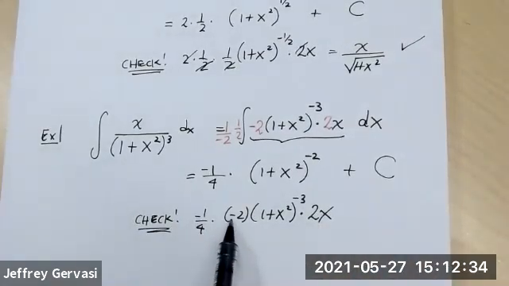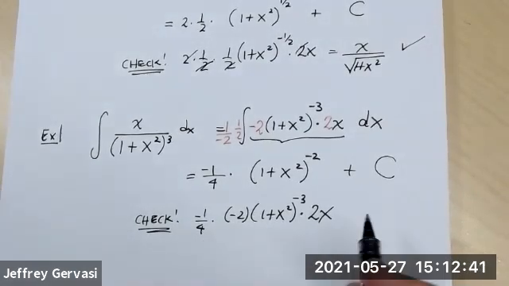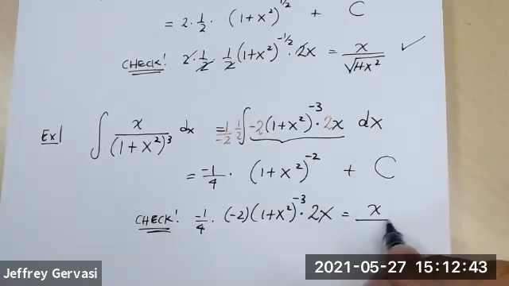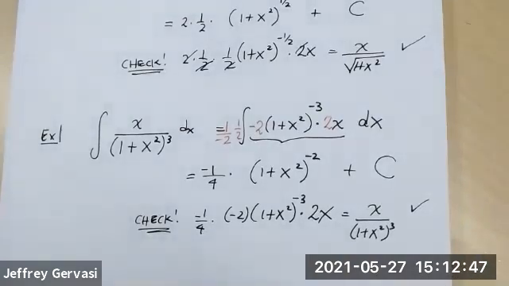The negative and the negative make the whole thing positive. This 2 and this 2 give me 4, which will cancel with the 4 right here. And this will simplify then as x over the quantity 1 plus x squared to the third. And it checks out, okay? So be on the lookout, gang, for chain rules, all right? Especially the special case of the chain rule, all right?